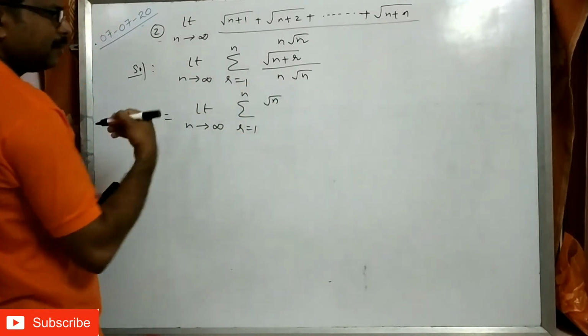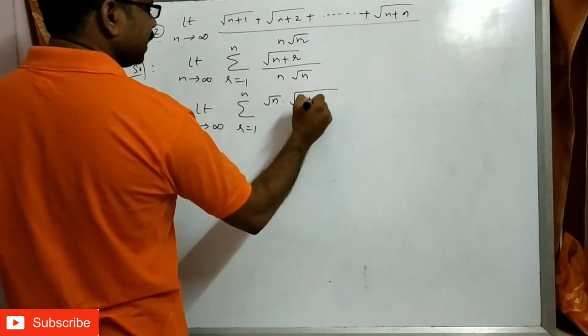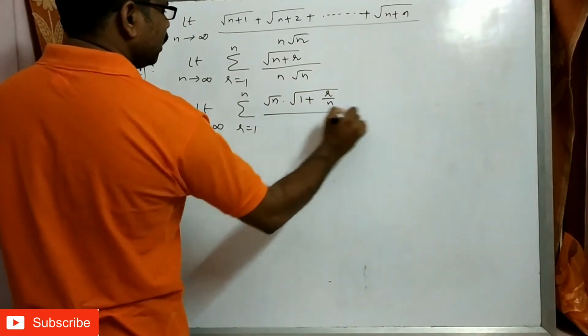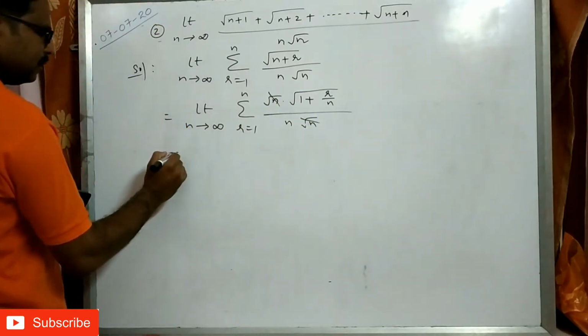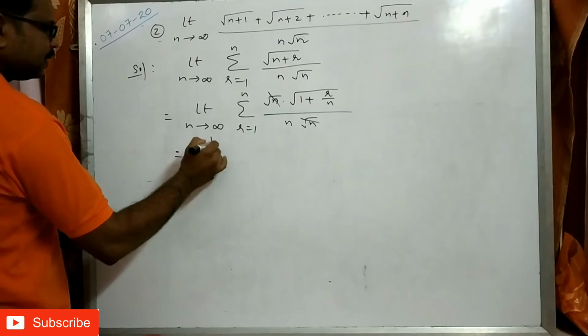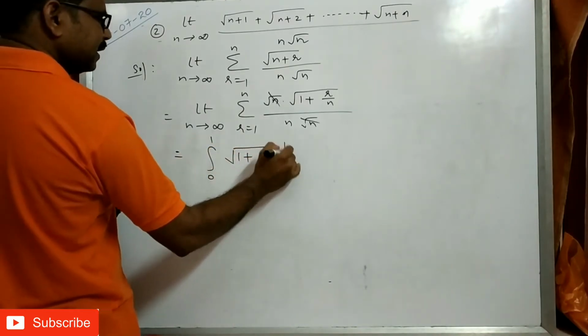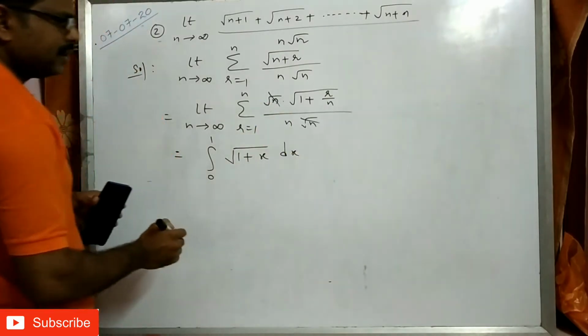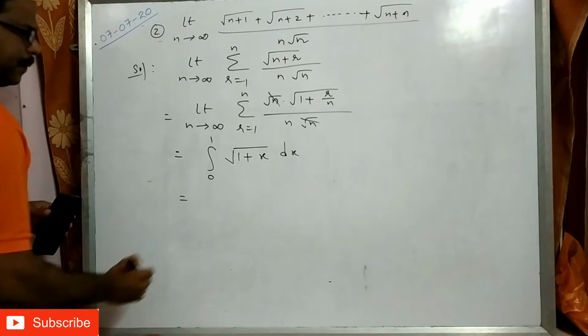If n comes outside, so it will be root n, so square root of 1 plus r by n upon n root n. Root n gets cancelled. So what are the limits here? 0 to 1 square root of 1 plus x dx instead of 1 by n. Here 1 by n is kept aside, so instead of that we can write dx.